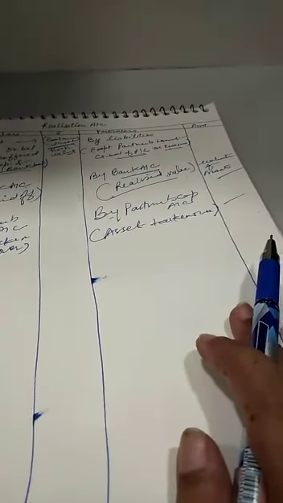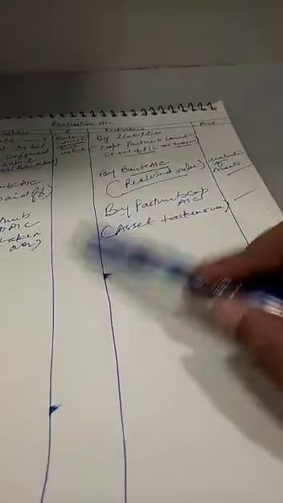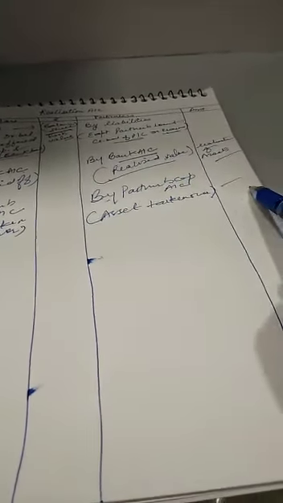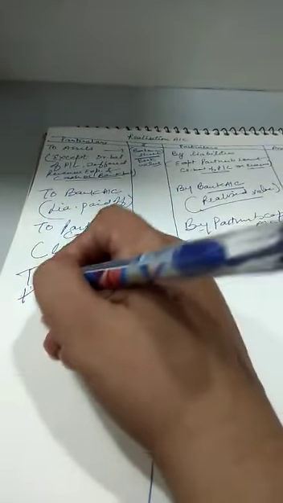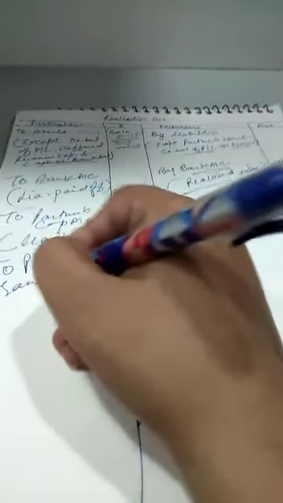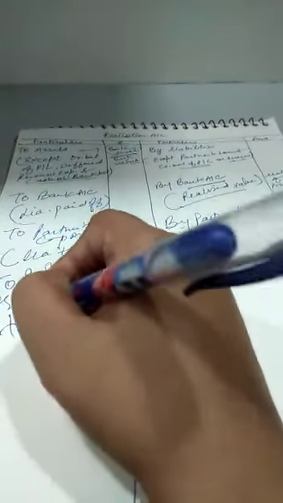Now what to do? After posting all the transactions in every account, we have to balance it. How is it to be balanced? We have to mark the total of both sides. If the credit side exceeds, it means the firm is earning a profit. So the balancing figure is to be shown as profit transferred to partners' capital account.